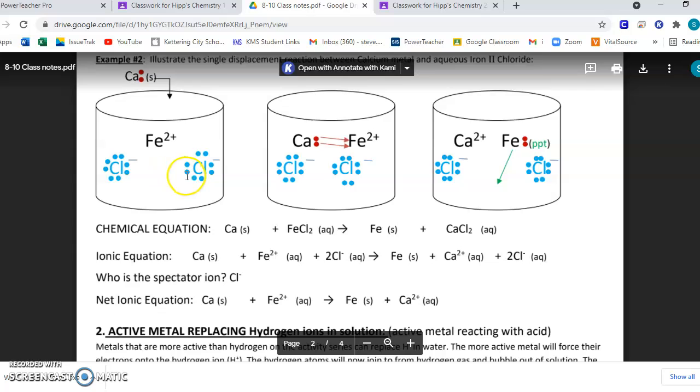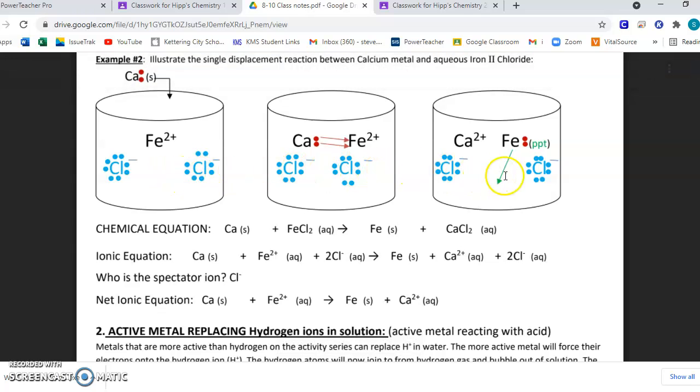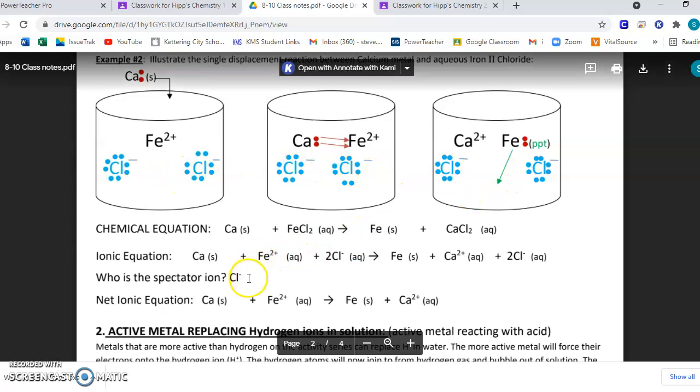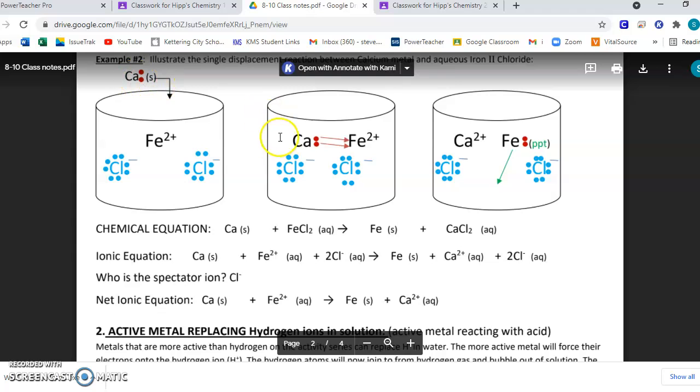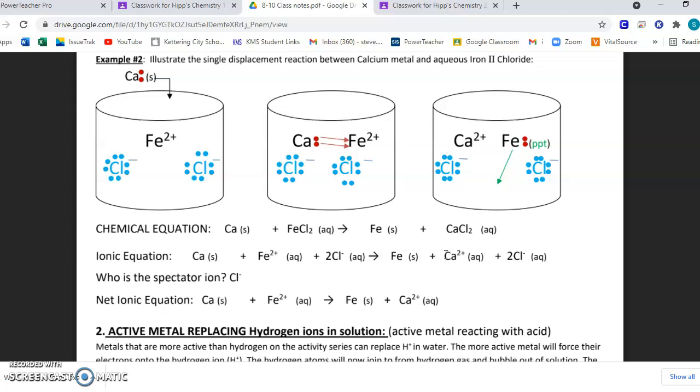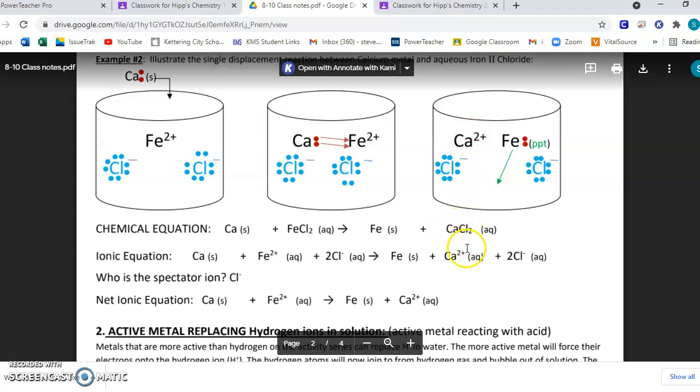Who's the substance, or what is the substance that didn't change at all during the reaction? It was the 2 chloride ions, but you can just write Cl minus. In our net equation, we get rid of the spectator ion. We get rid of the one that didn't change. Calcium went from solid metal, which we dropped in, to become aqueous Ca2 plus, which we see here on the right.